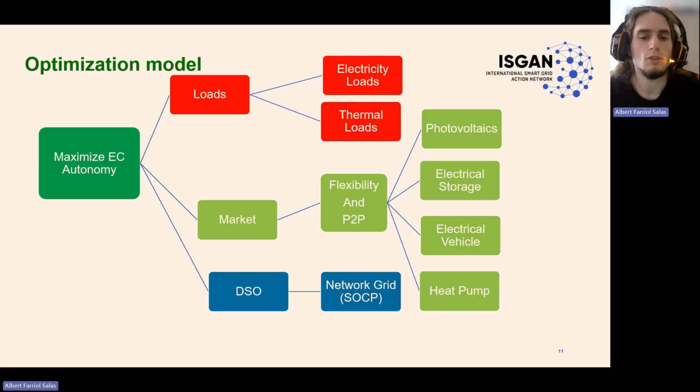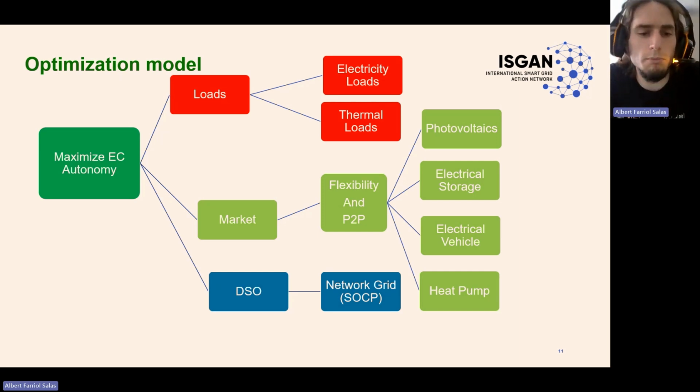The heat pump is also here in the flexibility and the P2P because there are some heat pumps that use gas, but there are some heat pumps that use electrical energy to function. So you could apply some flexibility here also.